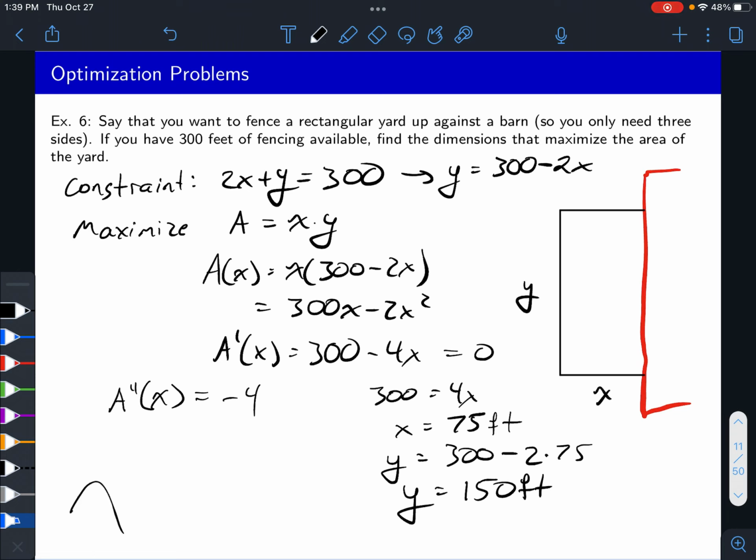So it's always concave down. And then, so A double prime of our critical point, which was 75, is also equal to -4, because it's always -4. So it's concave down. And so, flattens out like here. So x equals 75 is, in fact, a maximum.